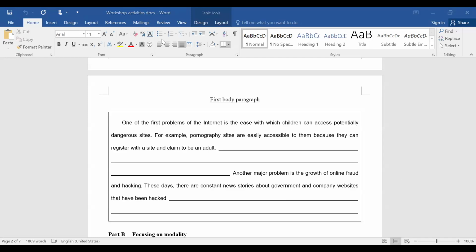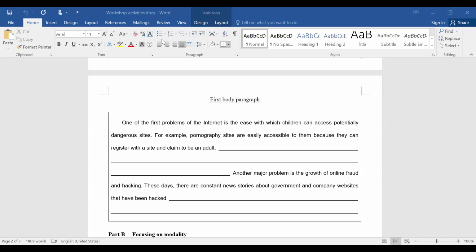All right, ladies and gentlemen, how's your paragraph? Does anyone want to share your paragraph with us? I can give you feedback. Of course, I have a model for you to learn from.